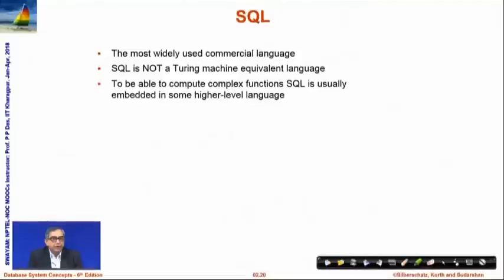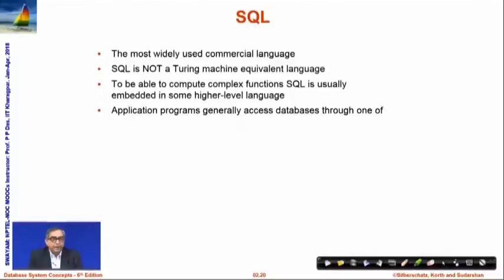So, often SQL is used in conjunction with some common high level programming language like C or C++. Whatever can be done in SQL in terms of data manipulation will be done through the relational model, but there could be additional logic that needs to be built in the high level language.